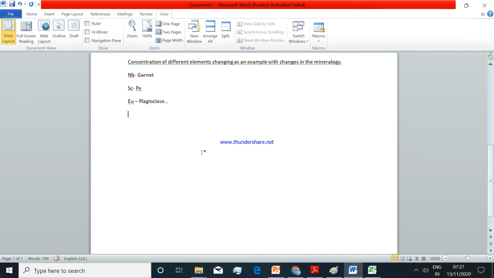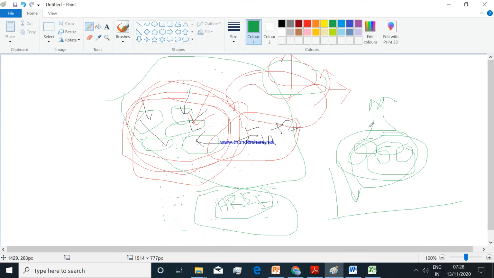So normally, obviously, the HREE concentration in the residual magma which is rising, or even niobium concentration, will fall. As a result, the crystallized rock in the upper sections during this magmatic fractionation will have a lack of these elements.